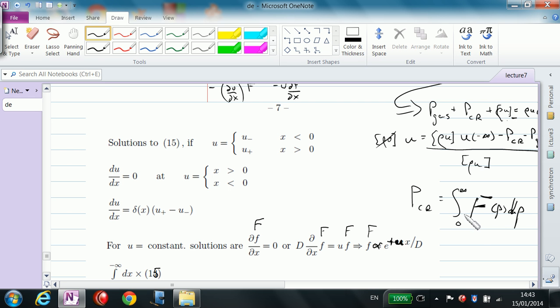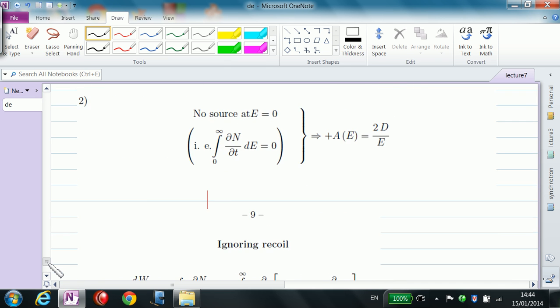And here I have to write the pressure per particle. Pressure per particle is p times v, right? Alright, so you can write what u is in terms of an integral of f of p.